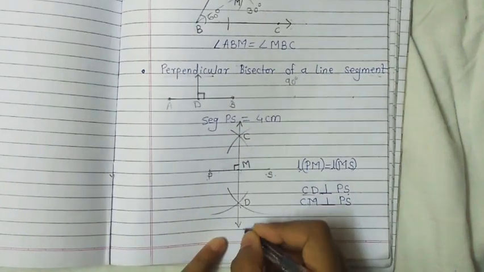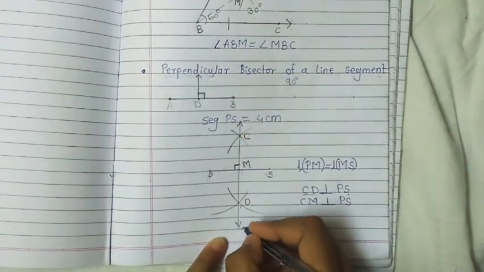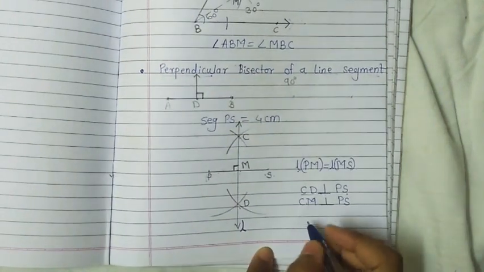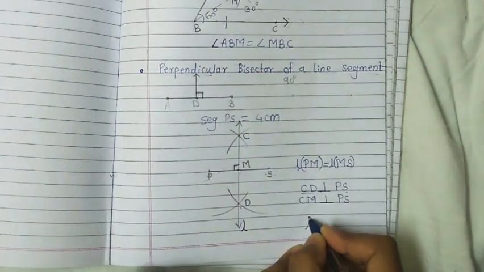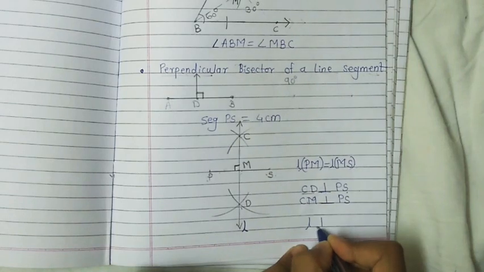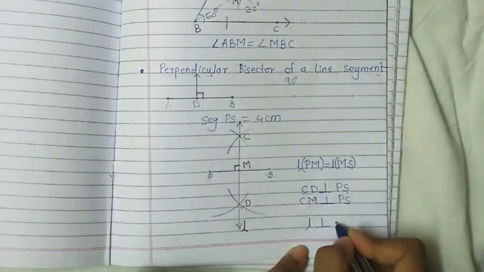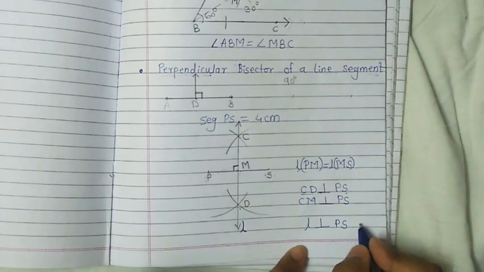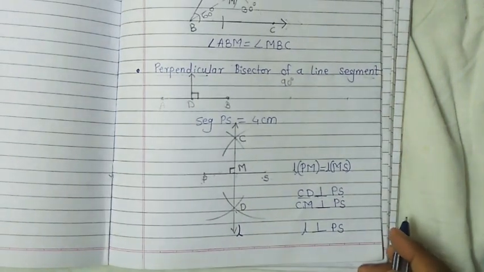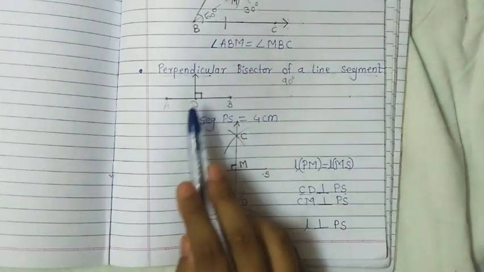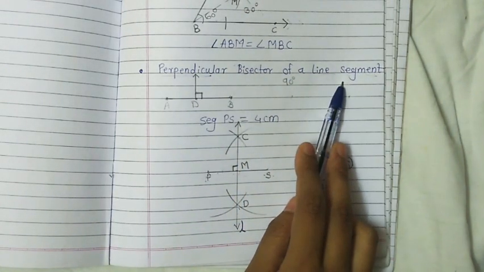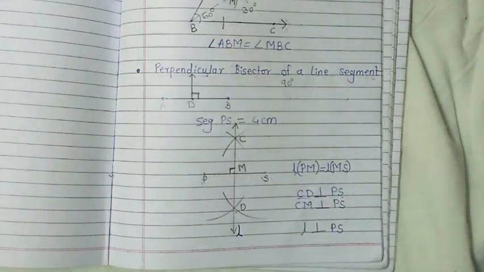Or if you want to give this line naming L, then how can we write this? L is perpendicular to PS. Okay. So in this way, we have drawn the construction of perpendicular bisector of a line segment. Understood?